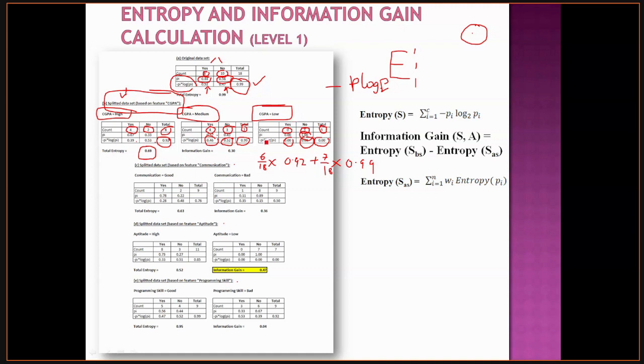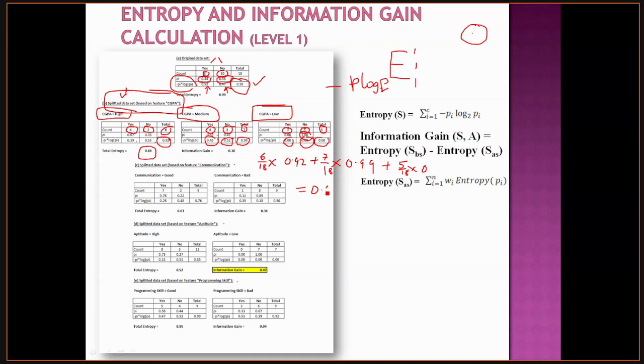Now, this portion is 0, so we don't have to do anything. Basically, 5 divided by 18 into 0 is going to be 0 anyway. If we do a total of this, it comes to 0.69.